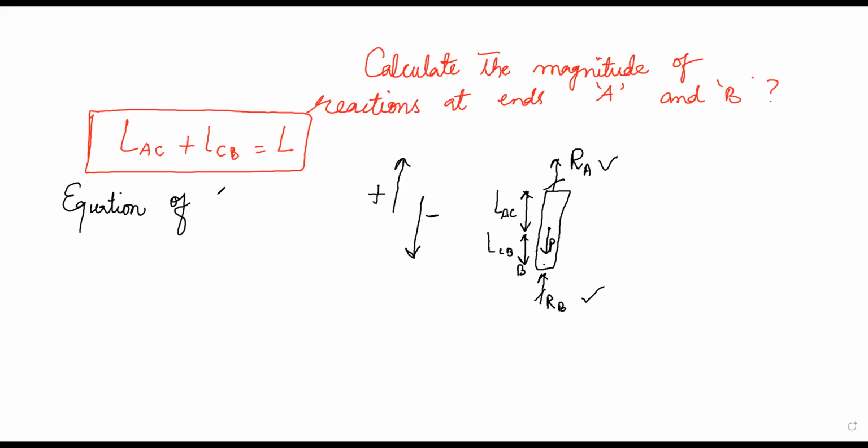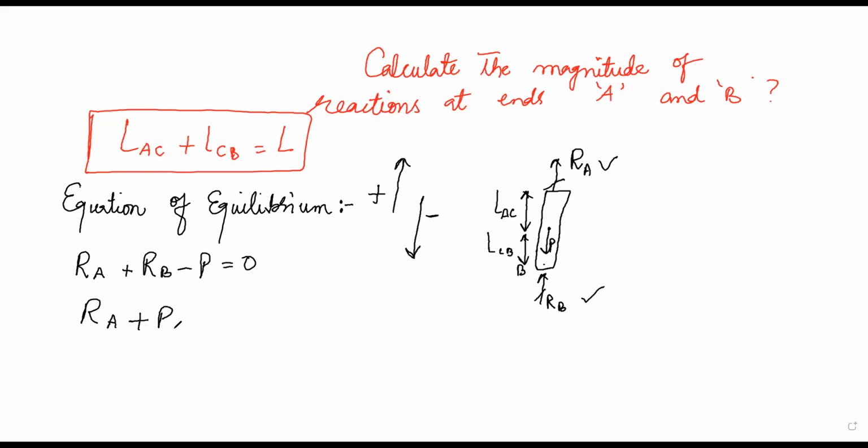As we write the equation of equilibrium, we write RA plus RB minus P is equal to 0. That is RA plus RB is equal to P. This is our equation of equilibrium, and let's call this equation number 1.